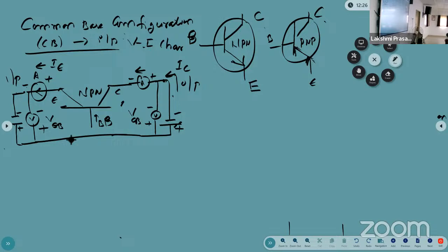Now, to draw the input characteristics, what are the input parameters? To draw the output characteristics, what are the parameters we are taking on the X and Y axis? For the input characteristics, the input current is IE, the emitter current, and the input voltage is the emitter to base voltage. Next, the collector current is the output current, and the collector to base voltage is the output voltage. Now using these four parameters, we are drawing the input characteristics and the output characteristics.